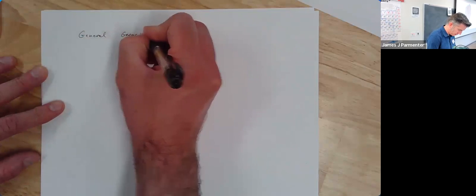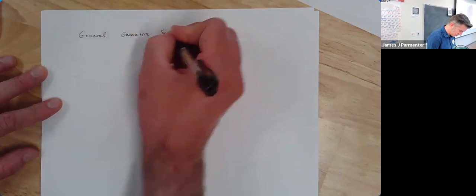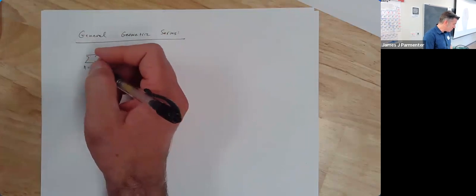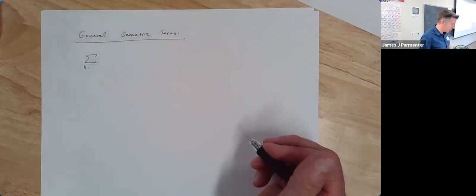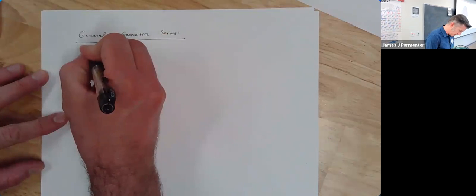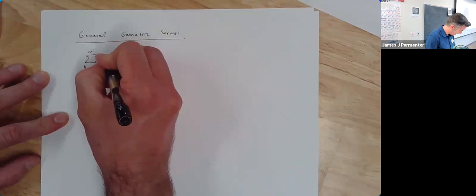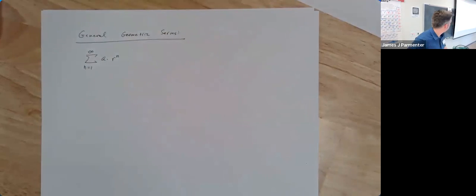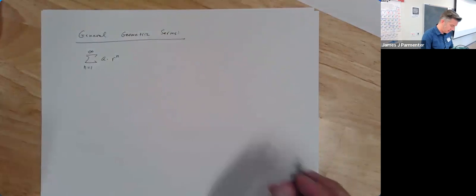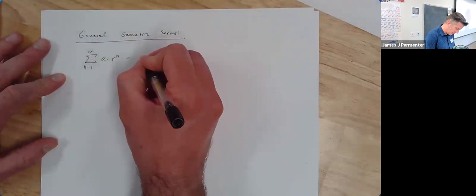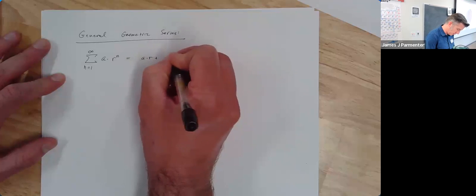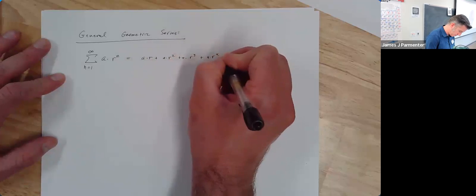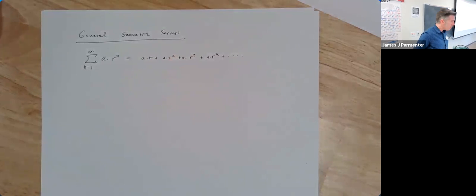A general geometric series looks like this: sum from n equals usually 1, although really you can start anywhere you want, to infinity of some a times some r to the nth power. That is your usual format. So if you write it out, it's a times r plus a times r squared plus a times r cubed, and so on and so on, forever and ever.